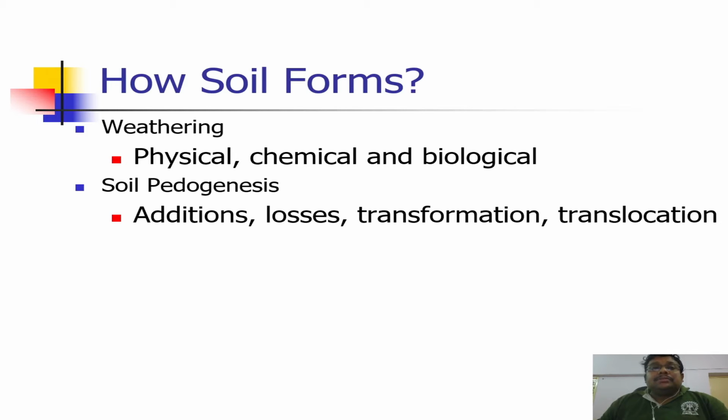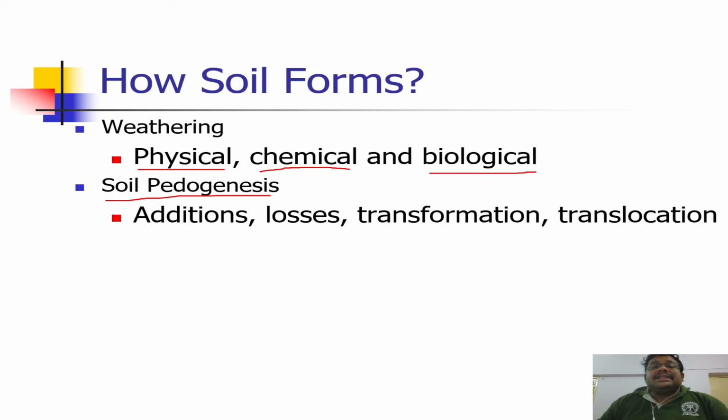Another name for physical weathering is mechanical weathering, chemical weathering is also known as decomposition, and biological weathering is basically a combination of both physical and chemical weathering.